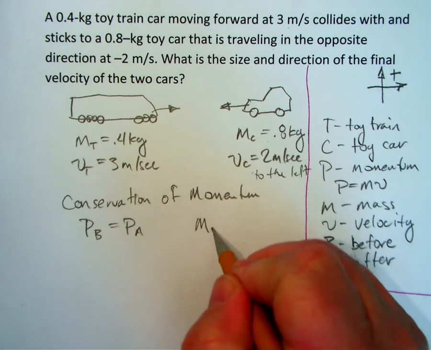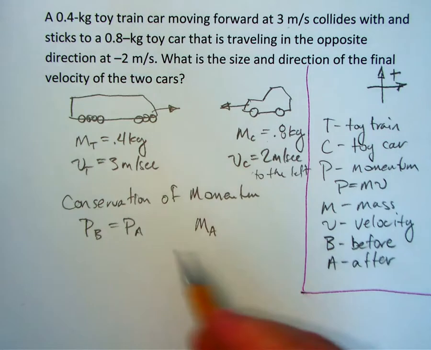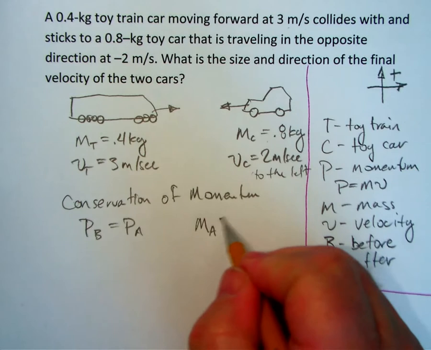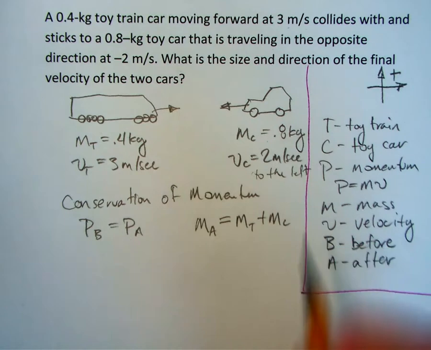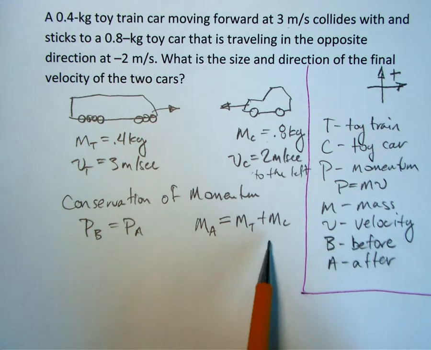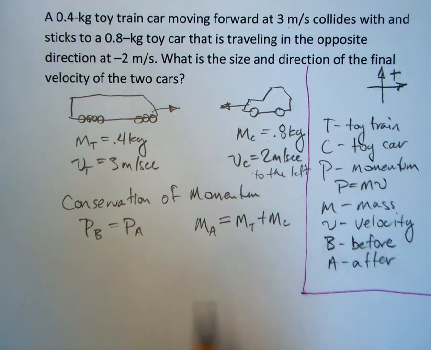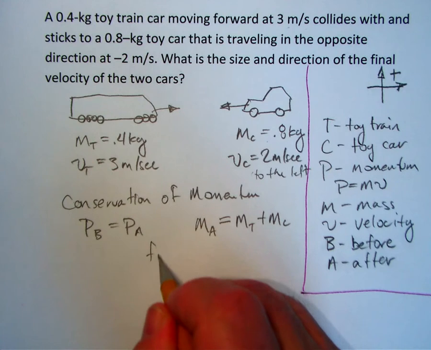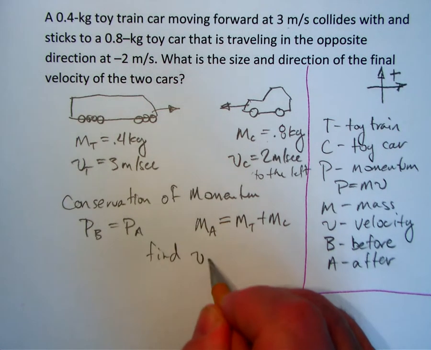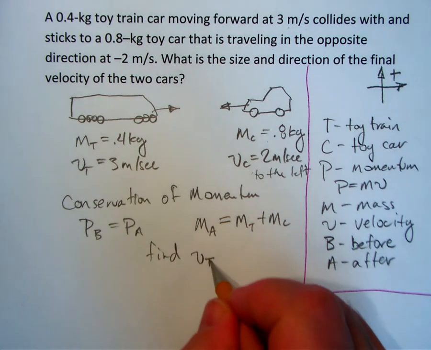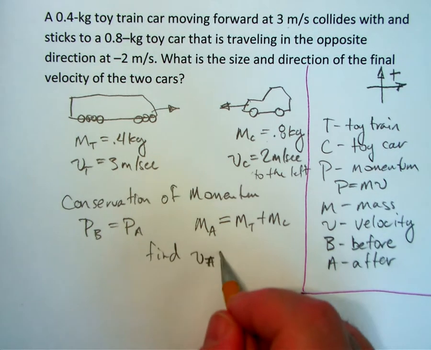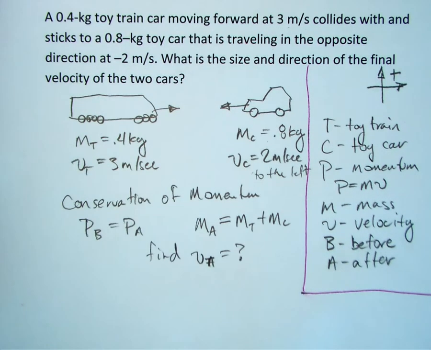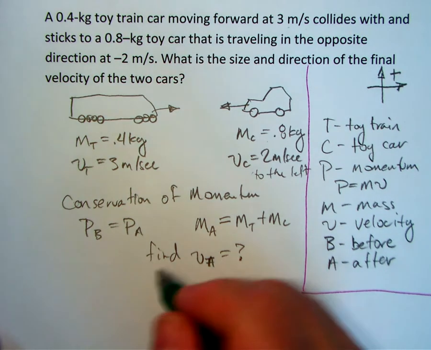And so the mass after the collision is equal to the mass of the train plus the mass of the car. See how we're keeping all of our terms clear? And we're trying to find velocity after. That's really all we don't know.